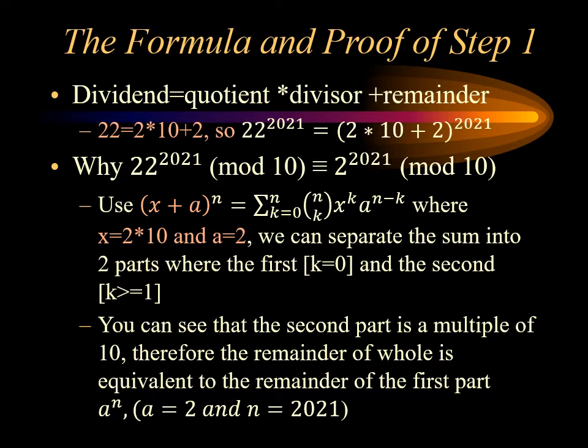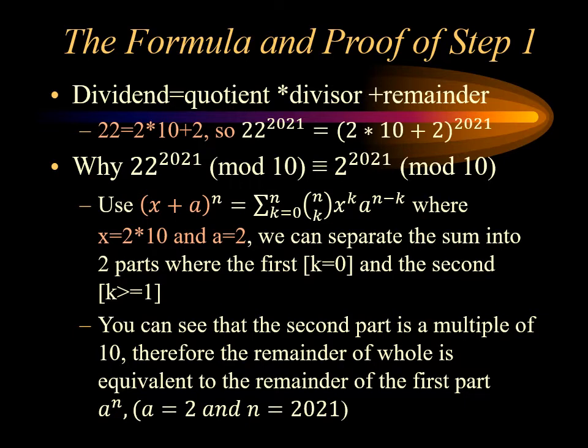The first one is the easy one, just the first term, which, if you see the expression here, is the 2 to the 2021st power itself, plus a whole bunch of terms that have 10 to some power within them.